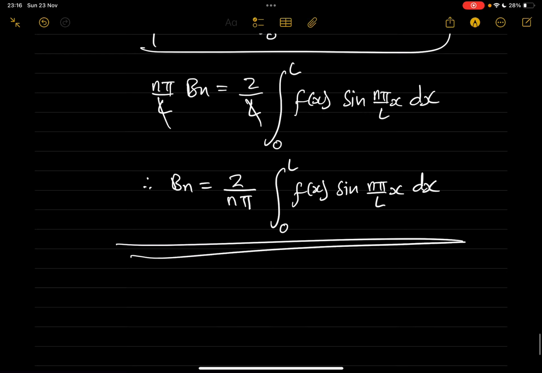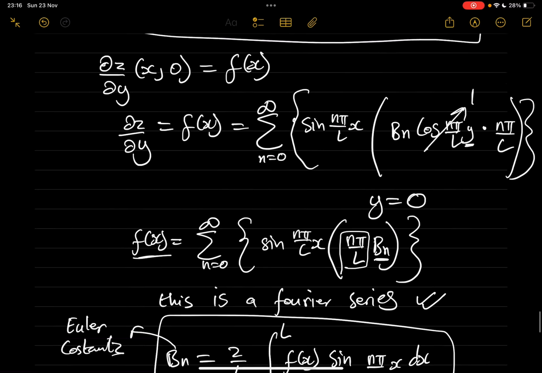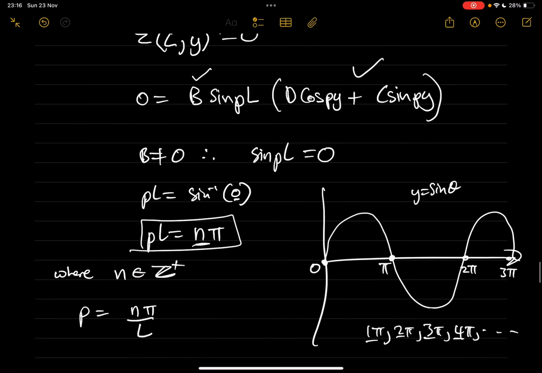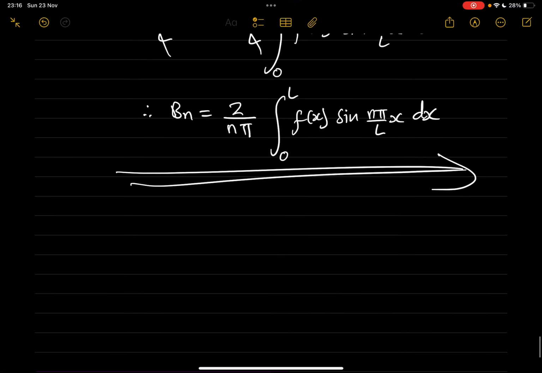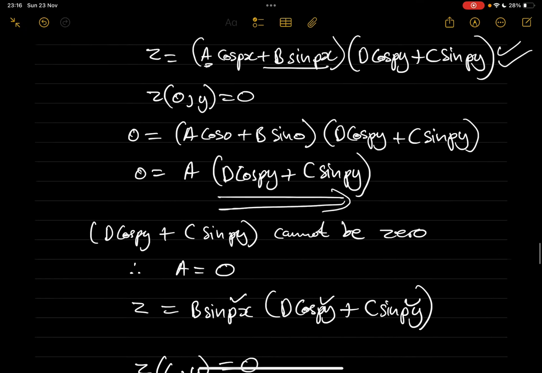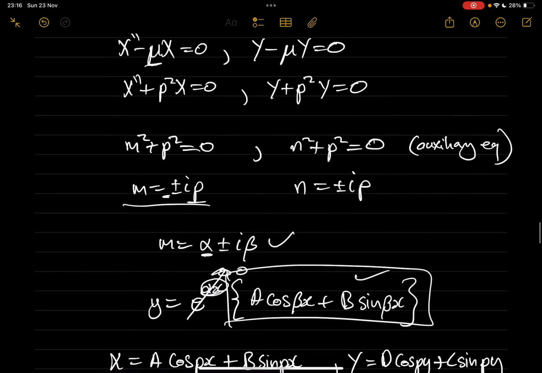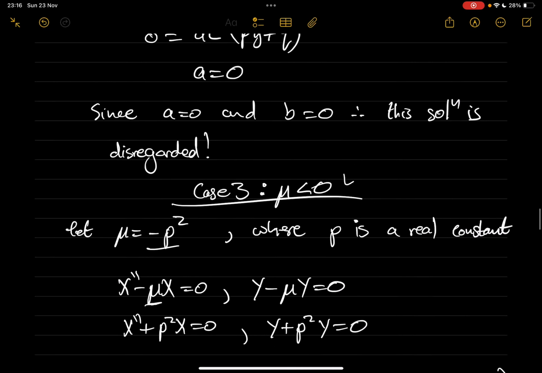So that's the end of this problem. Since we are getting the value of Bn here, that means the third case is satisfied, which means mu can be less than 0. So that's basically it.